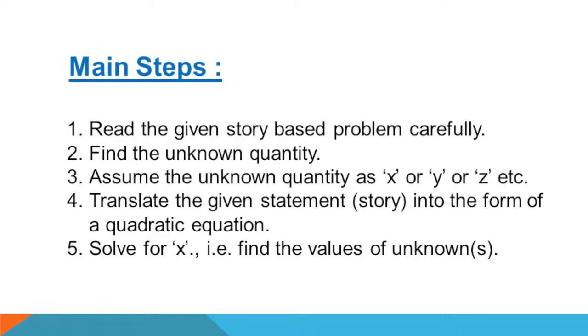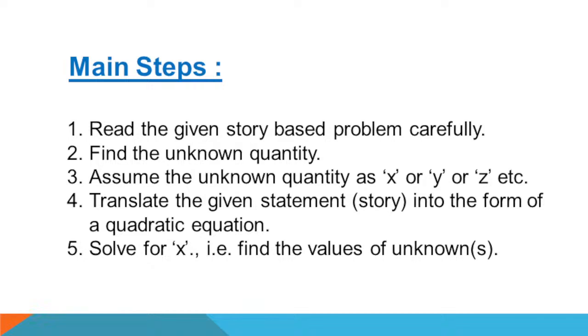First, we have to read the problems or given story carefully, right? That is what is the story and what we have to find. Find the unknown quantity. Then step number 3, assume the unknown quantity as x, y, z, whatever, by small alphabets, algebraic numbers.